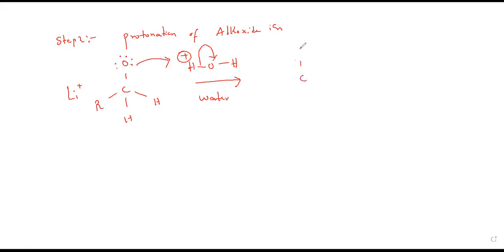So you will get R, OH, plus lithium hydroxide as a byproduct. So this is your primary alcohol. This is how aldehydes can be converted into primary alcohols in the presence of lithium aluminium hydride.